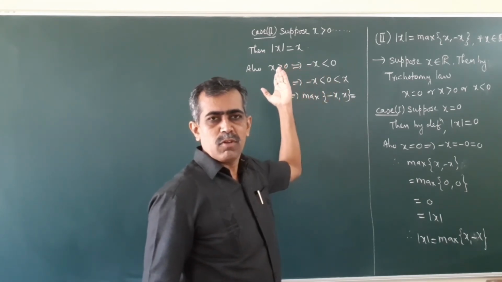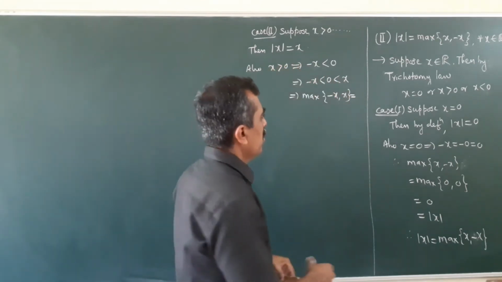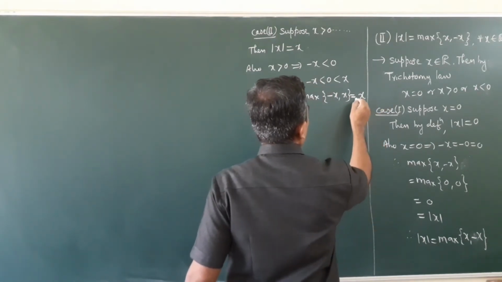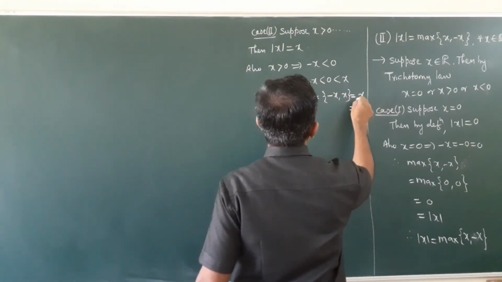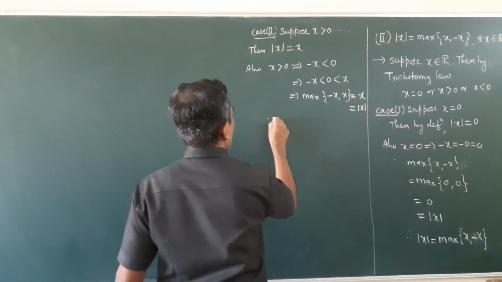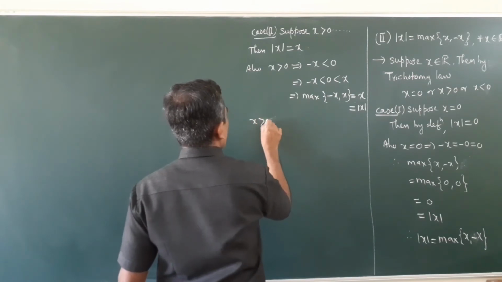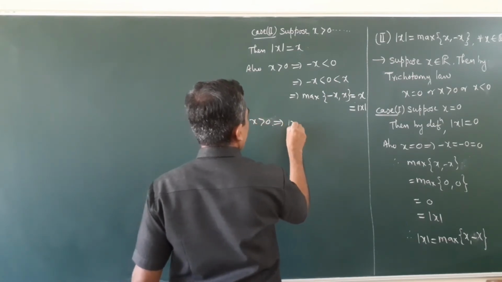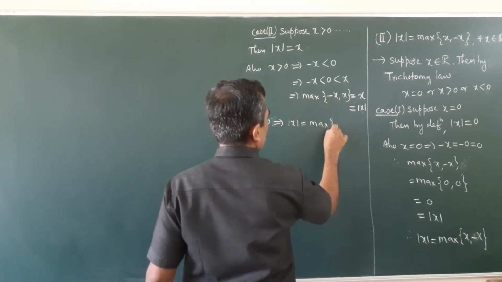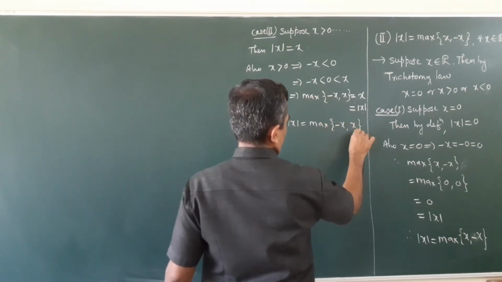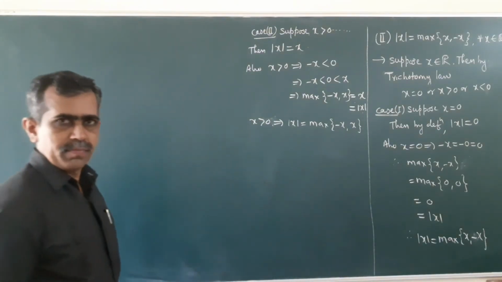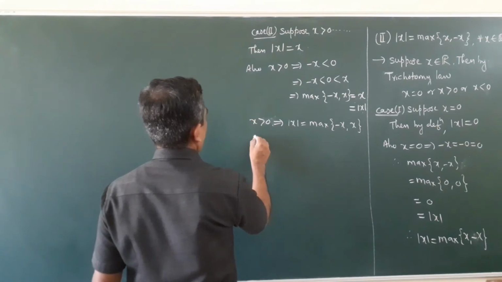The number to the left on the real line is always smaller than the number to the right, therefore the maximum is x, which is nothing but mod x. Therefore, x greater than 0 implies mod x is equal to the maximum of minus x comma x. Now case 3.